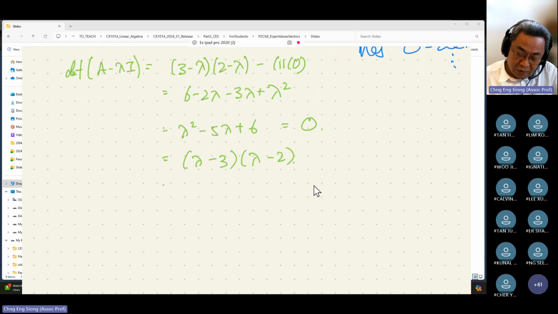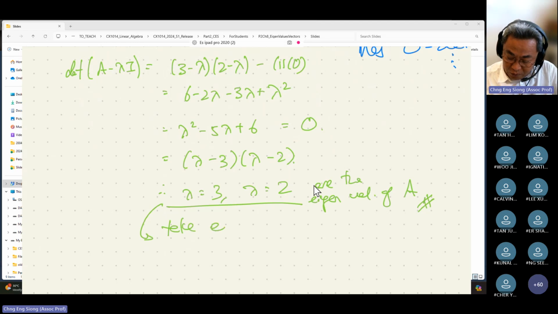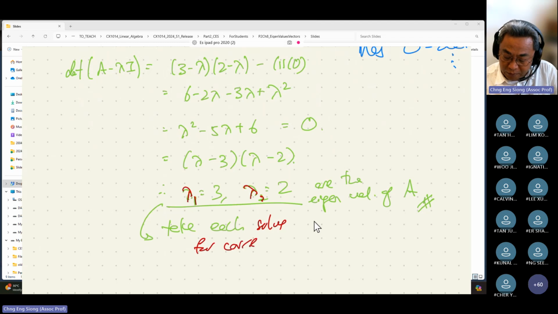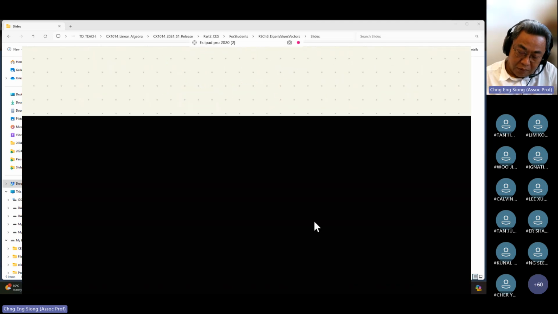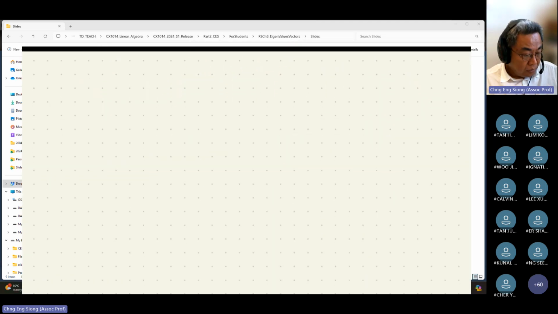Therefore, lambda equals 3 and lambda equals 2 are the eigenvalues of A. Now that we have solved for this, let's call this lambda 1 and this lambda 2, and now we can solve for the corresponding eigenvectors, that's the keyword: V1 for lambda 1, V2 for lambda 2. Okay, we are almost home. Last page.